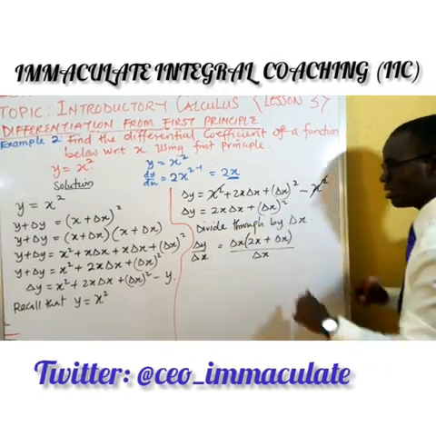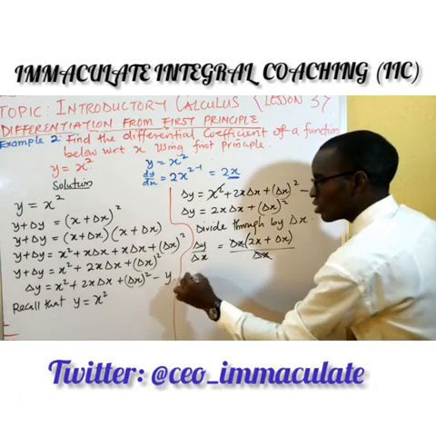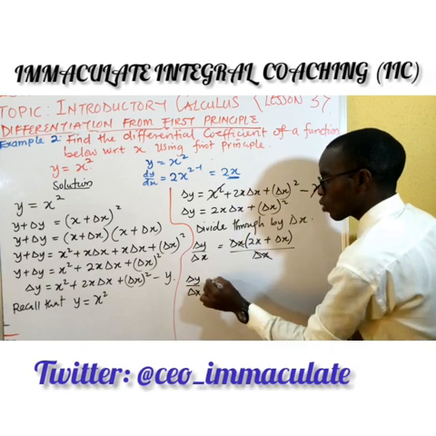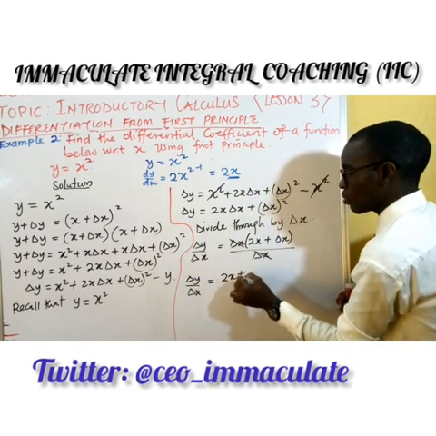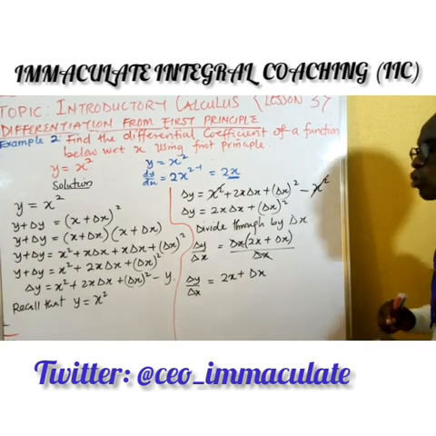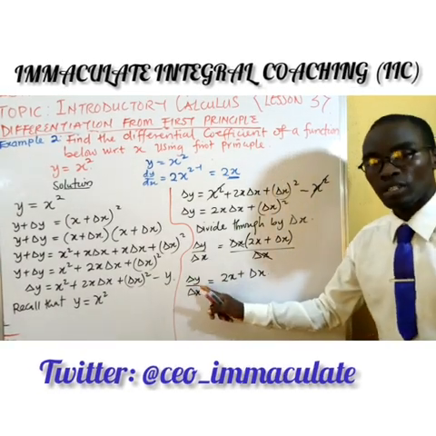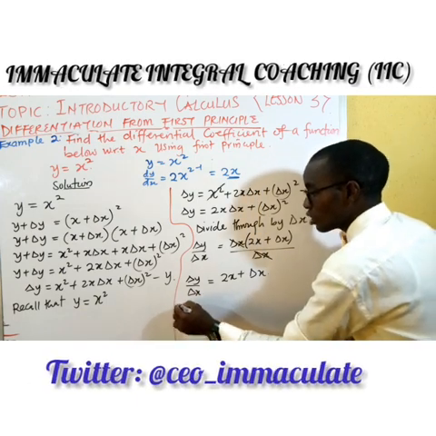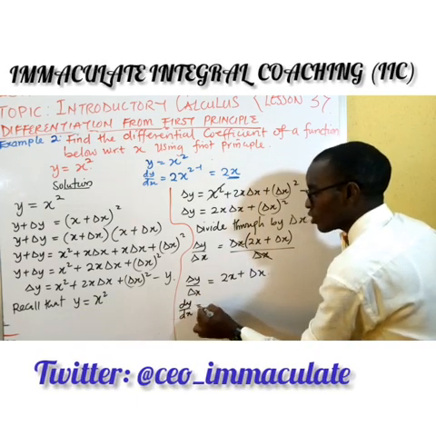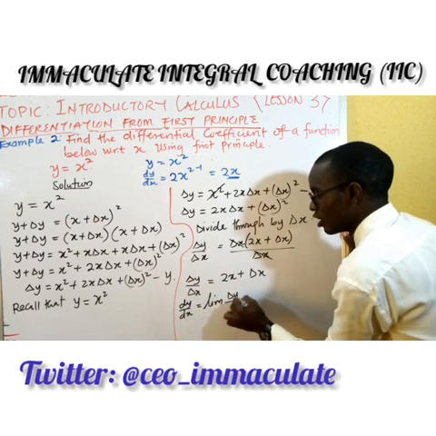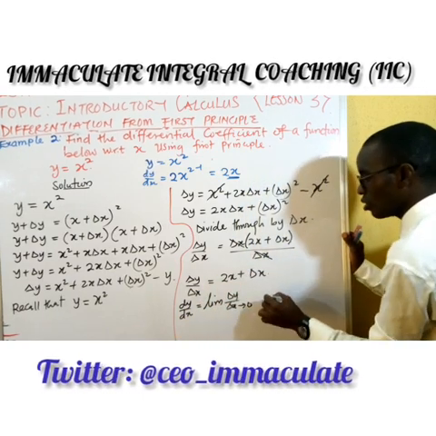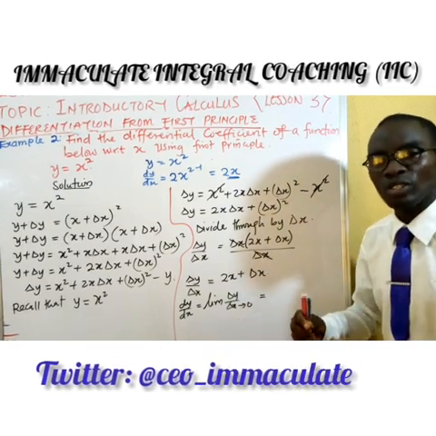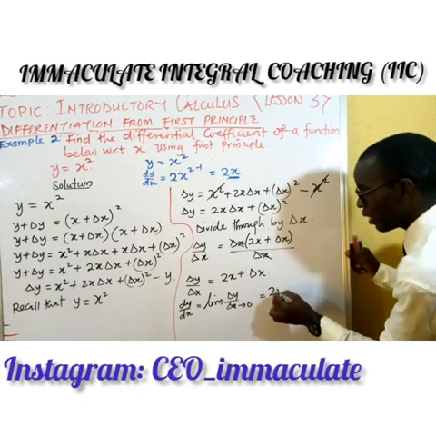So we have to divide by δx. So δx will cancel δx. So δy over δx will be equal to 2x plus δx. So we have to find the limit of this as δx tends to 0, which will give us dy/dx. The limit of δy/δx as δx tends to 0 will be equal to that. Any time you see δx, we replace it with 0. It will now be 2x plus 0.